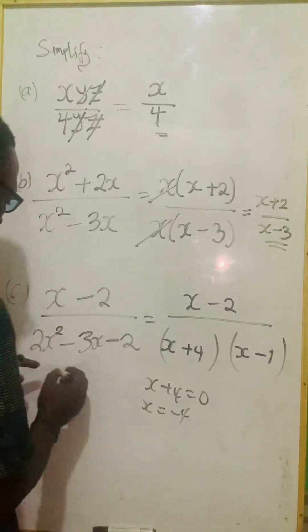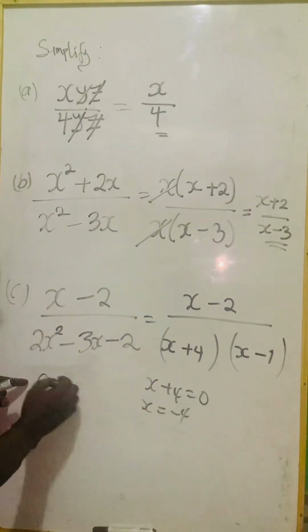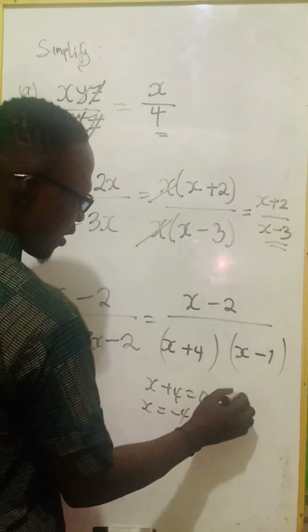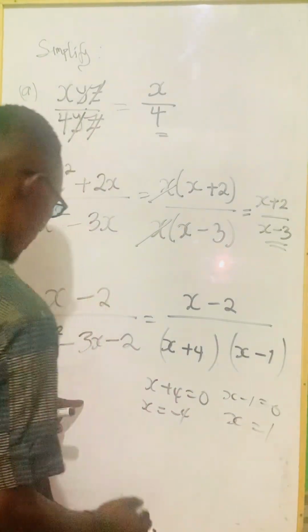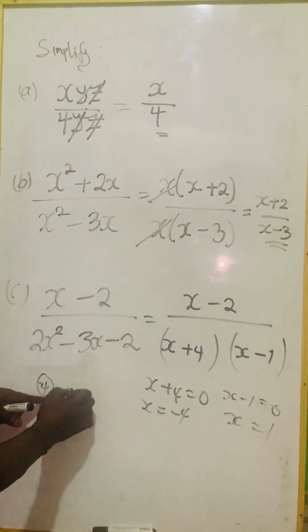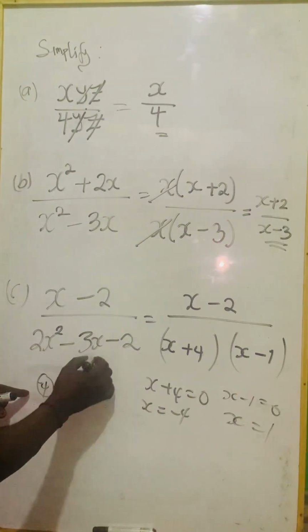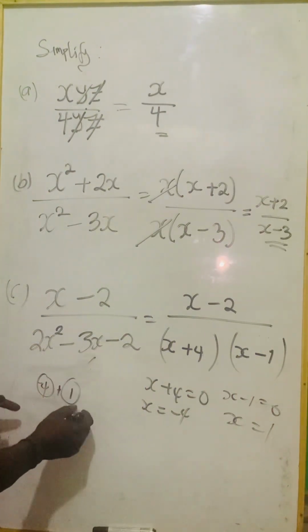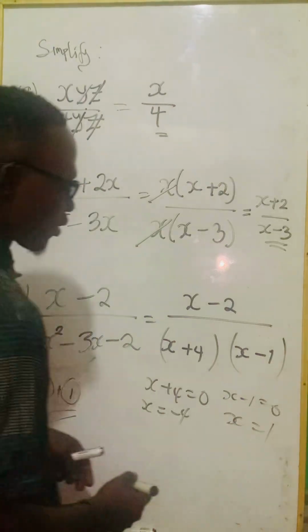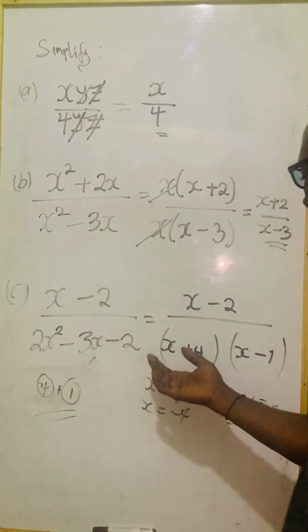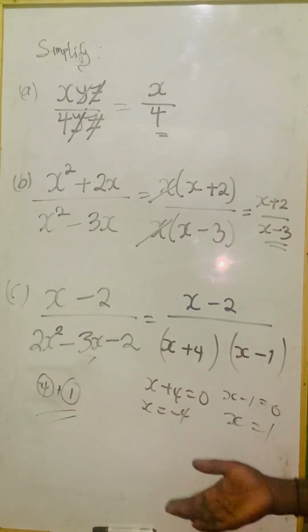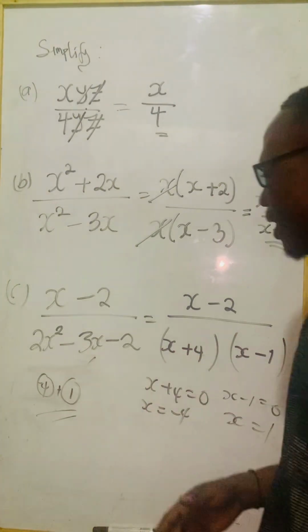You see that, that's the minus 4 we had here. Then x minus 1 equals 0 gives x equals 1. When you add them, you get negative 3, and when you multiply them, you get negative 4. That is what we've got here. So the factors are x plus 4 and x minus 1. This is the end of this problem.